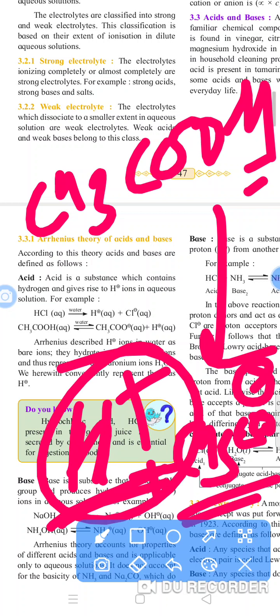So it is an acid. A substance which contains hydrogen and gives H plus ions in aqueous solution, or when dissolved in water, is called an acid according to Arrhenius theory. The substance gives H plus ions in water as bare ions.